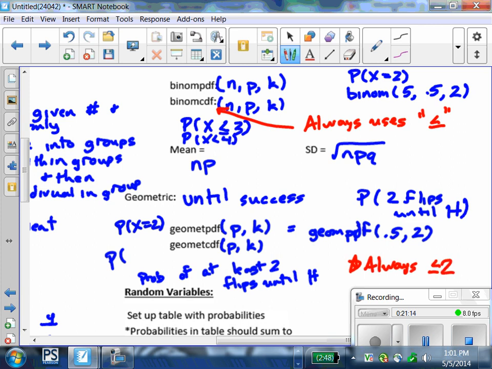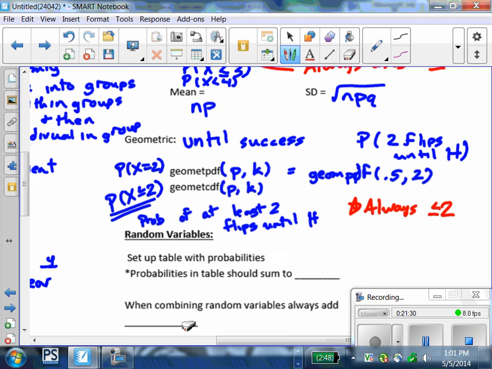So for a more detailed example, if you'll look at the video involving binomial and geometric distributions, there's what that would look like as a probability statement. But there's better examples as you look at that particular video.